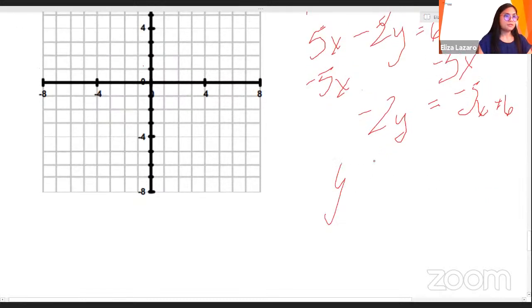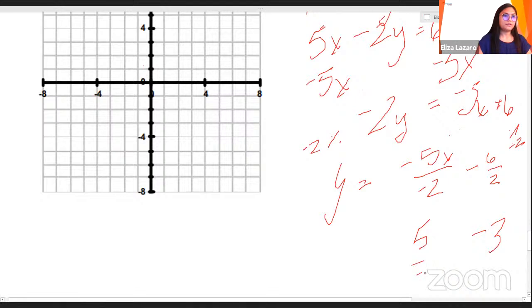And then we're going to want to divide both sides by negative 2 to get y by itself. Do that to this side as well. And we're left with negative 5x over negative 2 minus 6 over 2. So we get negative 3 over here and 5 halves x here equals y.